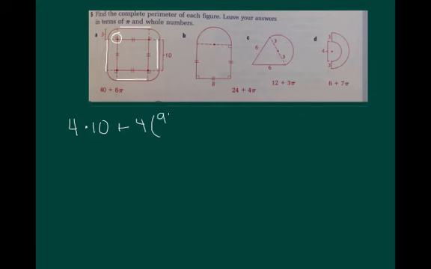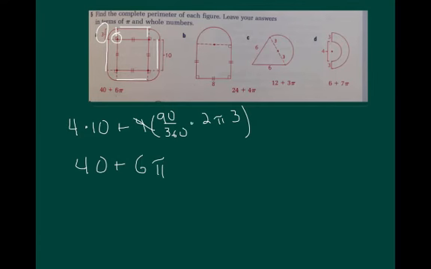I can see that it's 90 over 360 times the circumference, and since this 3 tells me that the radius of each of these is 3, I'm going to say it's 2 pi times 3. So the answer for A is going to be 40 plus the 4 and the 360 will reduce, and so I'll just be left with 6 pi.